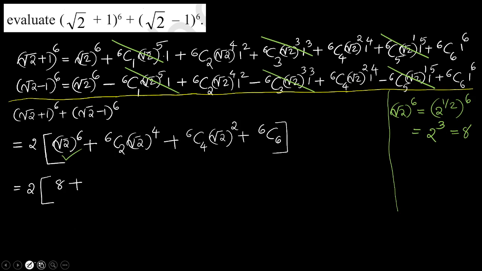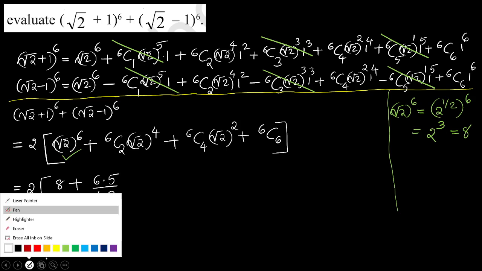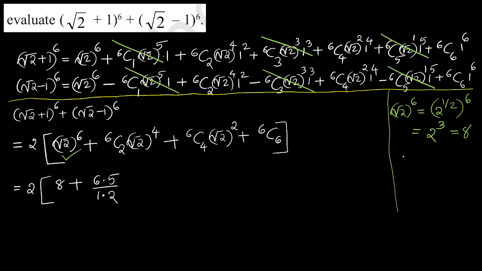Now 6C2 is the required. I have already discussed how will you find 6C2. 6 into 5 divided by 1 into 2 or 2 into 1. If you don't remember, you can ask me after writing this step. After completing this slide. 6C2 is 6 into 5 by 2 into 1. Root 2 raised to 4. I will show the rough calculation here.